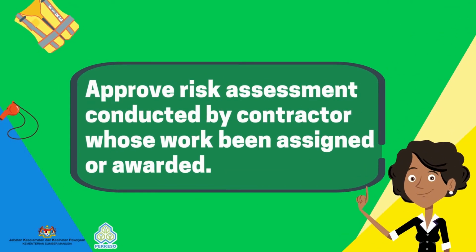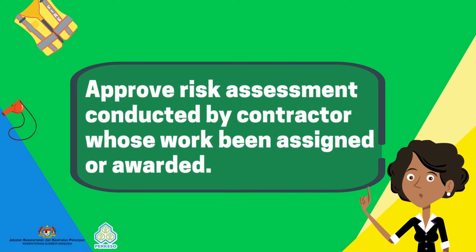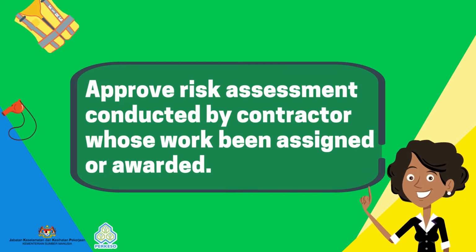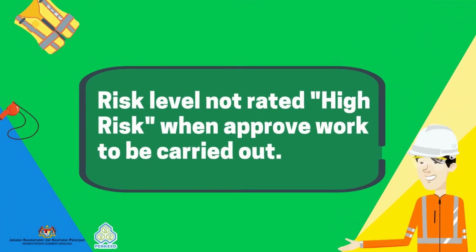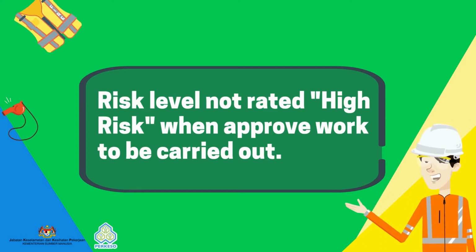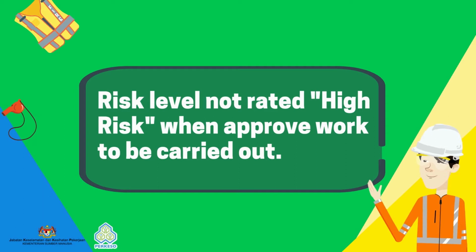The fourth is to ensure or approve the risk assessment conducted for his workplace. He also reviews and approves the risk assessment conducted by the contractor or supplier whose work has been assigned. The next one is to ensure that the risk level is not rated high risk when approving work to be carried out.